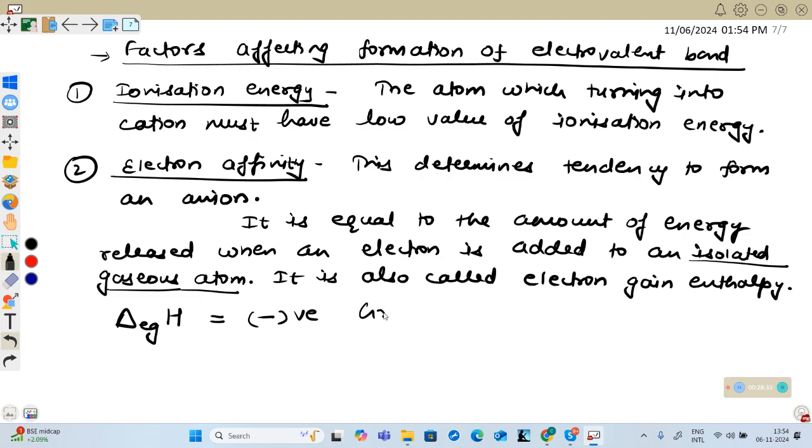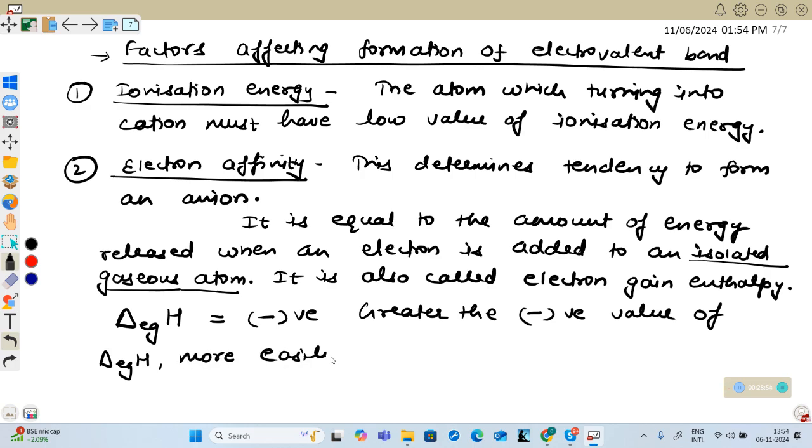Now, the greater the negative value of electron gain enthalpy, that means more energy is released, and the more easily an ion is formed.